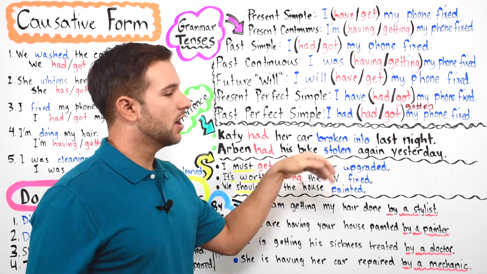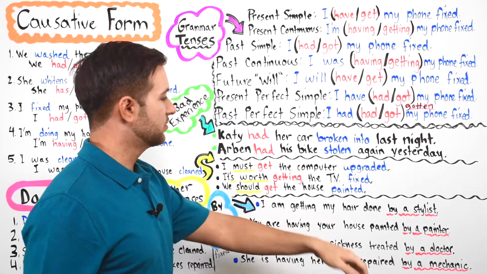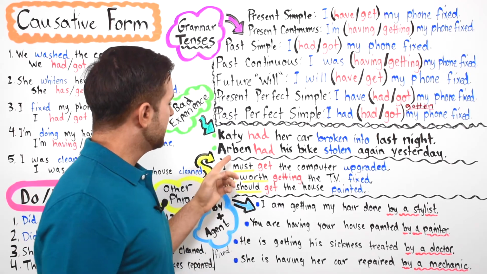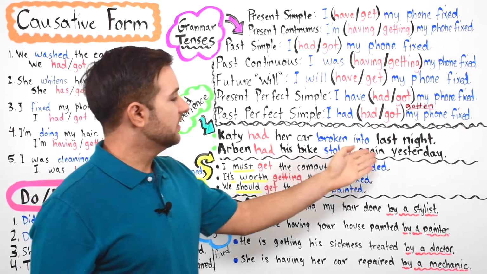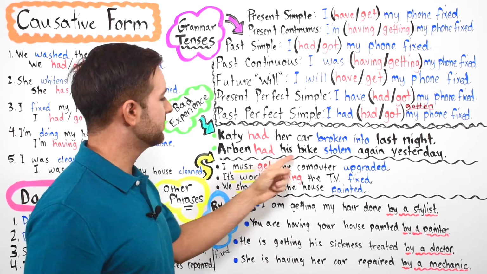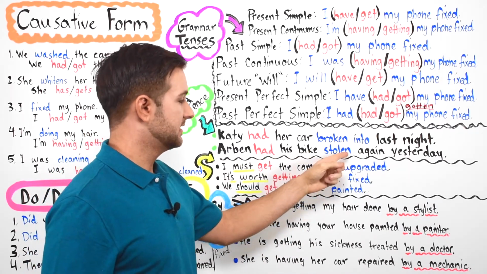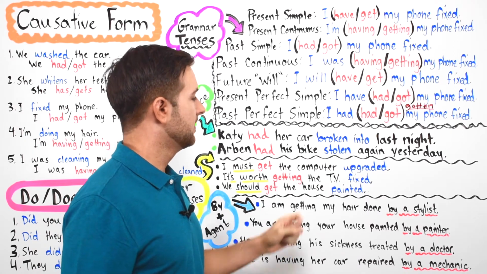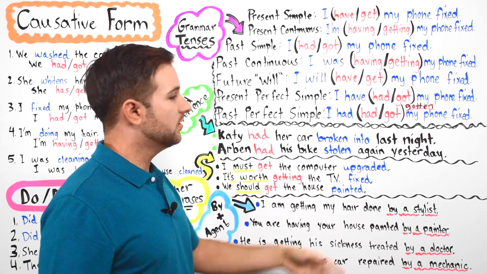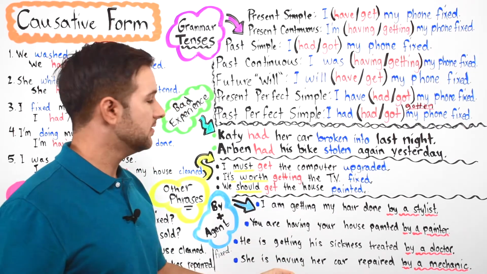They broke into the car and they stole things that are not theirs, they're yours. And then it says, Arbin had his bike stolen again yesterday. So this has happened over and over again. He had his bike stolen, which is taken, again yesterday. Broken into is from the verb to break into, and stolen is from the verb to steal.